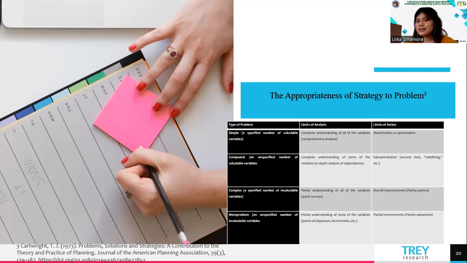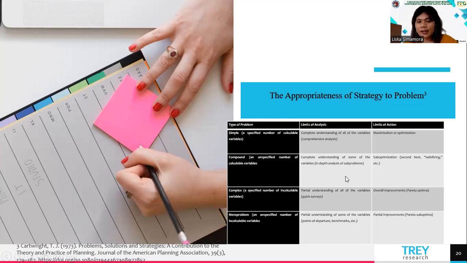Our analysis only discusses the mentioned variables because there is a specified number. So if the variables are two, it means our analysis is limited only to those two variables. Limits of action is maximization or optimization.